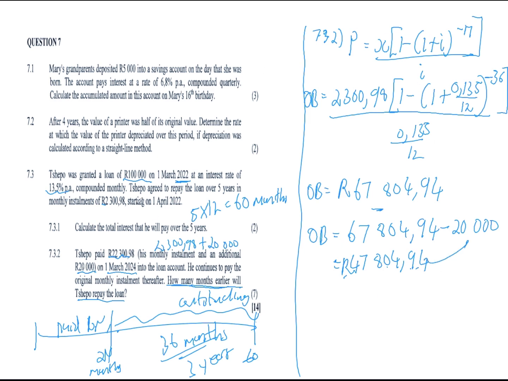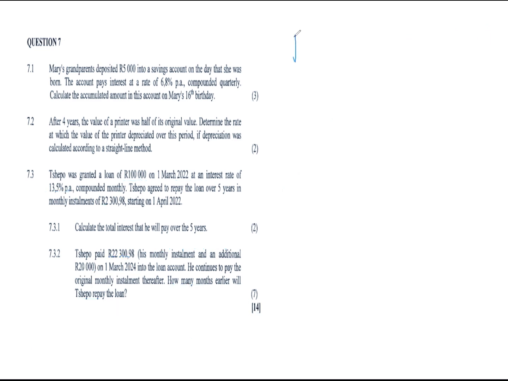Now that we have this, come back again and calculate with the same formula, right? So we are now going to say, to continue with that, present value is x, 1 minus 1 plus i to the exponent of negative n, over i. Now our present value, which is our outstanding balance, is 47,804.94.